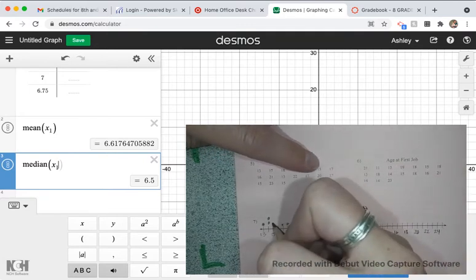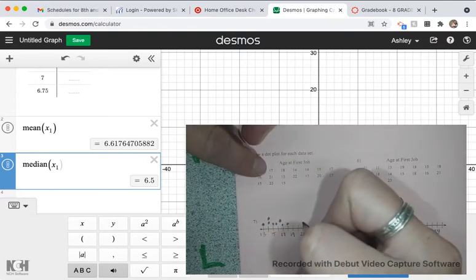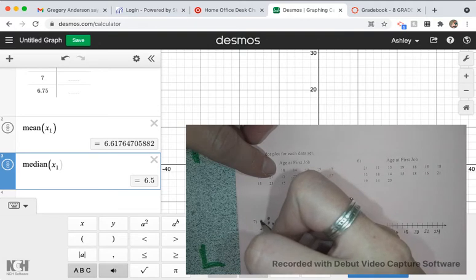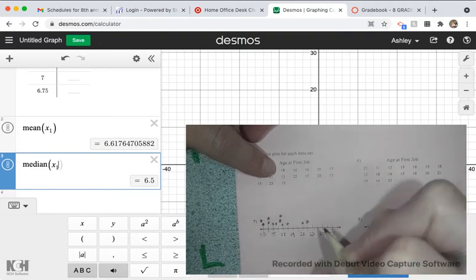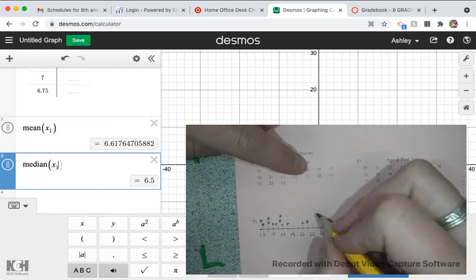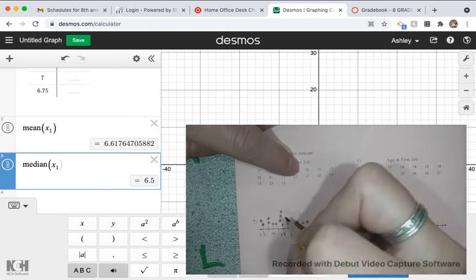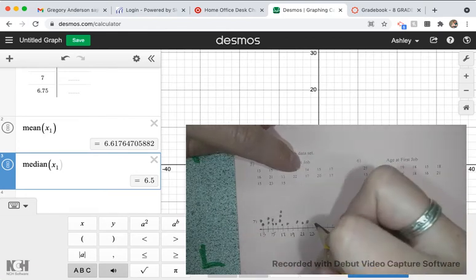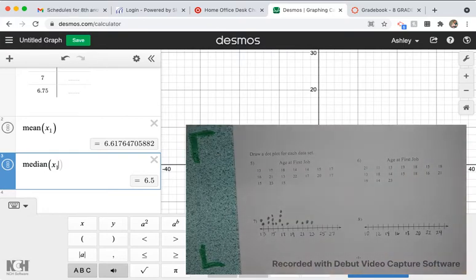If you see more than one number, then that number gets an additional dot. 21. 13, 22, 17. You should try to make them nice and even. That's my bad. 20, 17, 15, 23, and 15. So there is our dot plot.